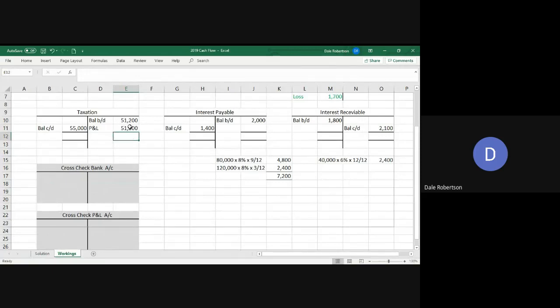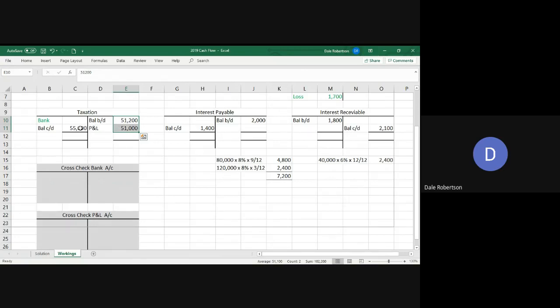That is our P&L. Now, how do we find out this missing number up here? This is the bank. How much tax have we actually paid? Now, of course, if last year we owed the Revenue Commissioners 51,200, and during the year we accrued another 51,000, that is 102,200.